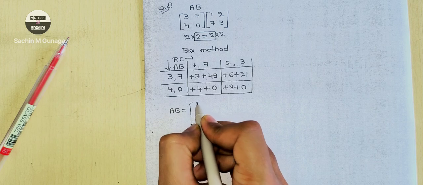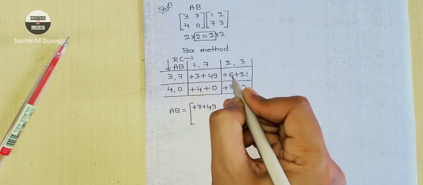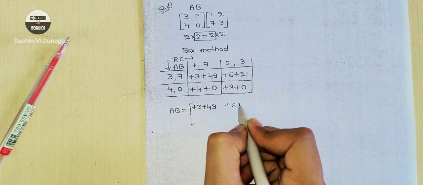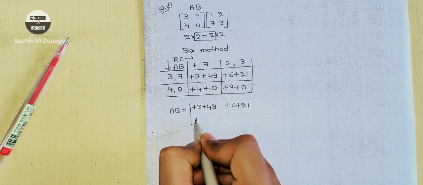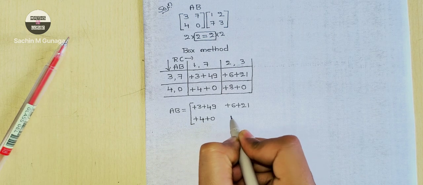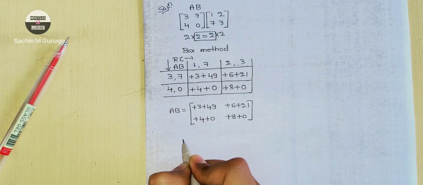So, after doing the multiplication, AB equals, in matrix form, all these values as they are. Therefore, it is plus 3 plus 49, next plus 6 plus 21, next plus 4 plus 0, and next plus 8 plus 0. Next, add the numbers.